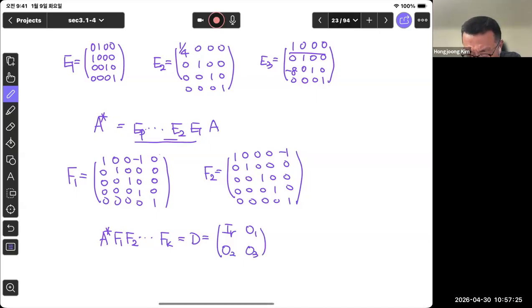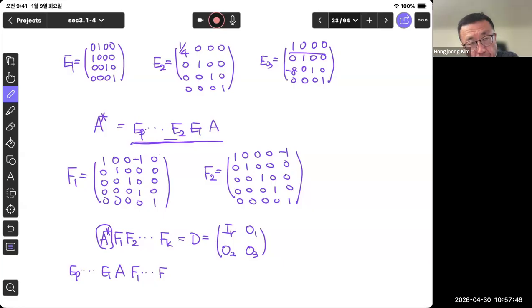And since A star is obtained from A by this multiplication, what we have is this. Given A, if I multiply E1 up to, say, EP from the left and some other elementary matrices, say F1 up to Fk, you get D matrix.